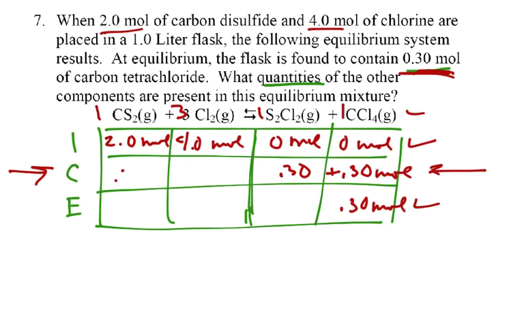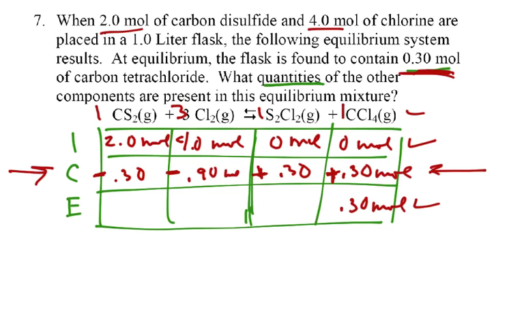This number is going to be 0.30 moles. And since this is 3 times that, this will be 0.90 moles. Now if I'm making 0.30 moles of carbon tetrachloride, I must also be making 0.30 moles of S2Cl2. I must be using up 0.9 moles and using up 0.3 moles of my reactants.